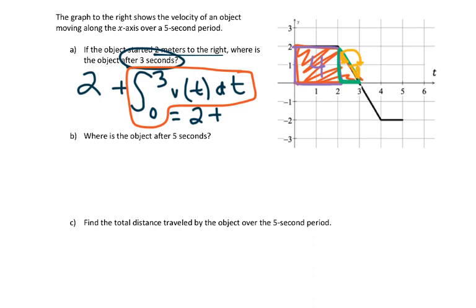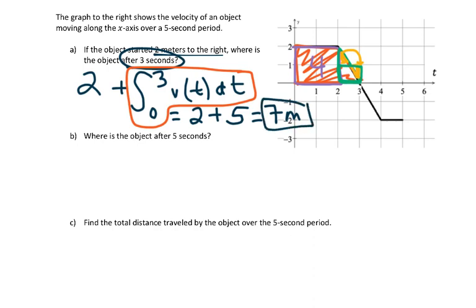If I shift that area a little bit, we could see that it's the same as one of those boxes. So in 3 seconds, the area under that curve is 4 plus 1, which is 5. And that would give us a total of 7. I don't see units here. Oh, meters. 7 meters.